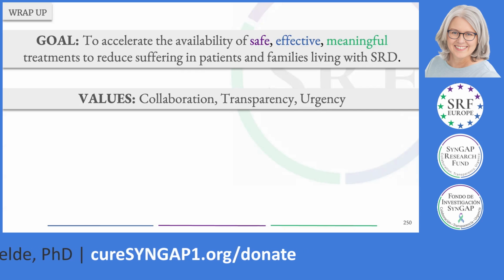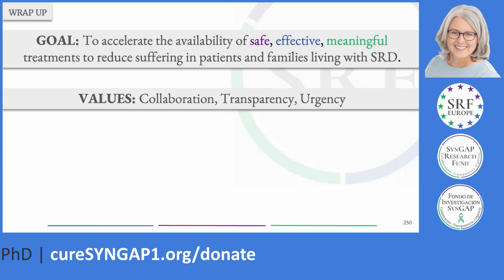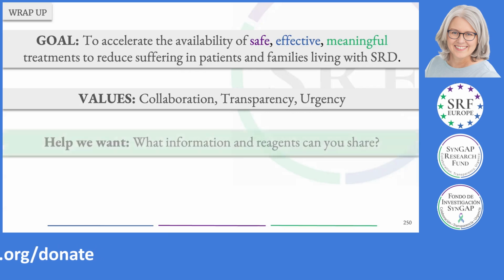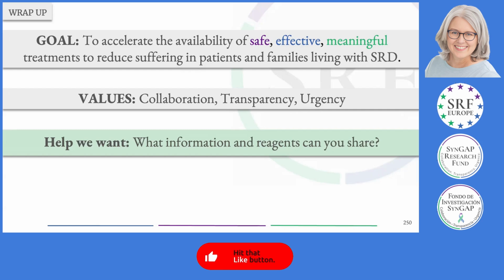If you have some kind of research asset or information or assay test that works on certain variants, and you're willing to share them, this is what we want. So the help we want from you: what information and reagents can you share to fill this out and make it an even more helpful resource for the Syngap One community?